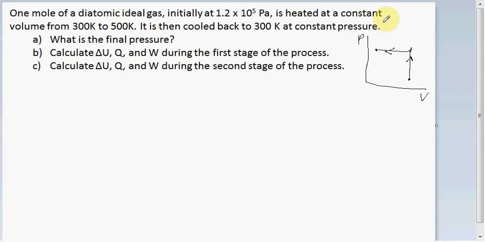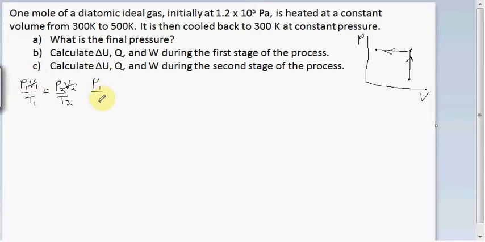So let's see, this is one of those ideal gas before and after problems. And so we can work this out by saying P1 V1 over T1 equals P2 V2 over T2, where 1 is this point down here and 2 is this point up here. In this process, the volume is constant, so V2 and V1 are going to be the same, so they just cancel out.